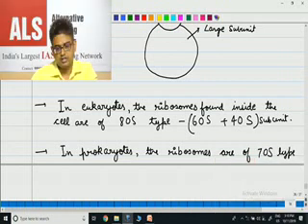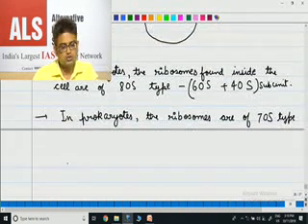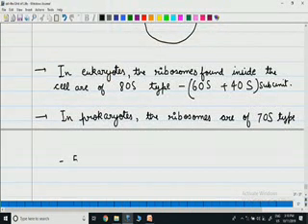So when we talk about 70S type ribosomes, it has two subunits. These are 50S plus 30S.